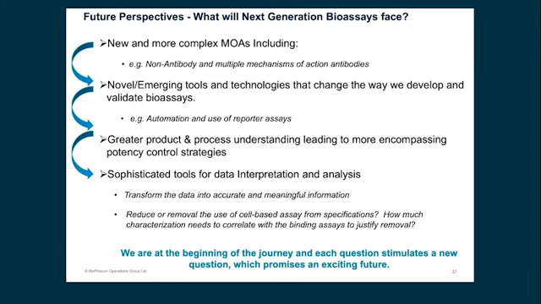Also, there are sophisticated tools for data analysis, transforming data, as you heard before, and the meaning of that information. And some companies are reducing the reliance on cell-based assays for those that either have a single mechanism of action or for drugs which are in early phase of development. And you can do this because you can justify the use of those assays by having comparison or bridging studies.